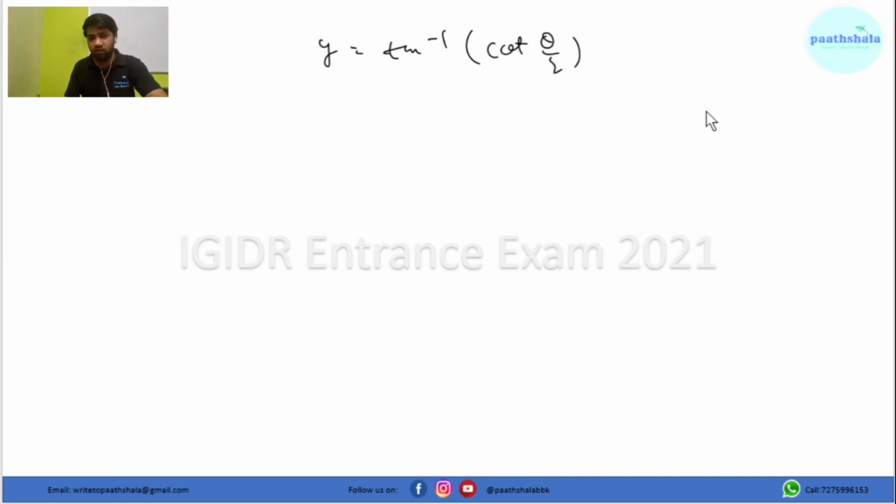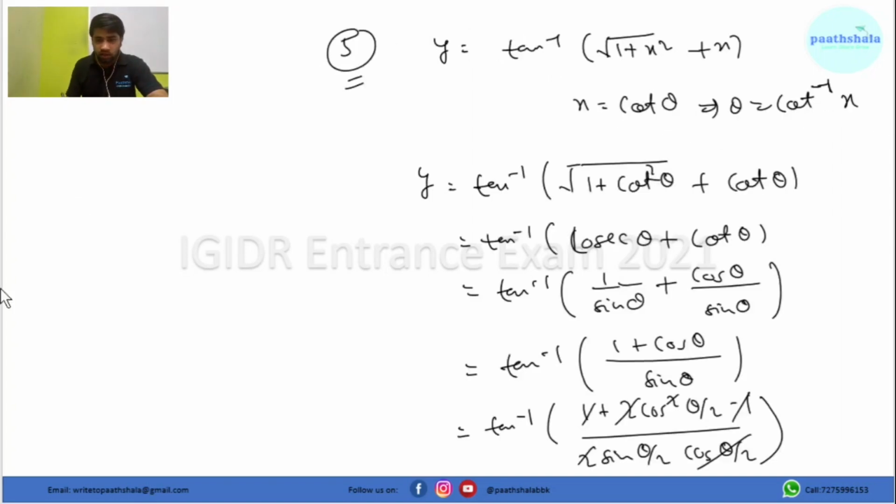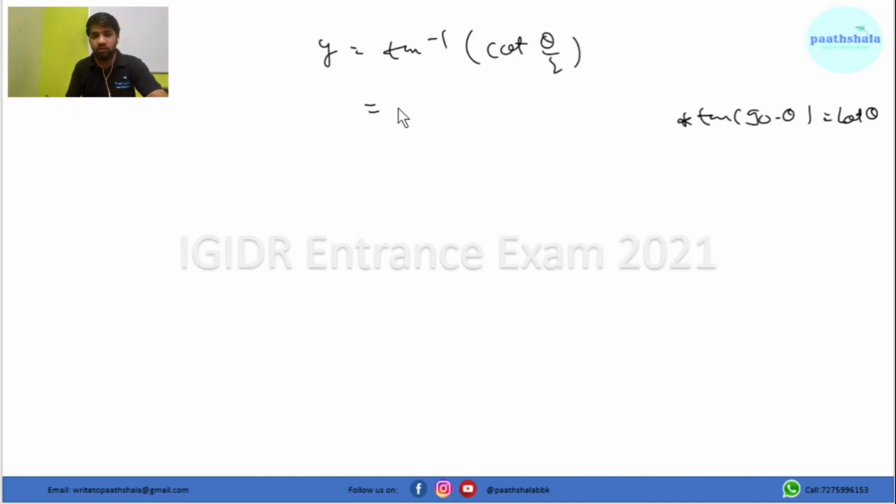I have told you earlier that tan of 90 minus theta equals what? Cot theta. So we'll apply that formula. Here it is theta by 2. So this will become tan inverse tan of pi by 2 minus theta by 2.